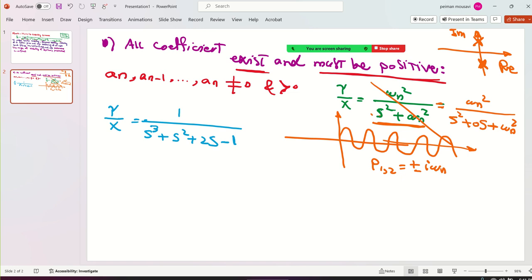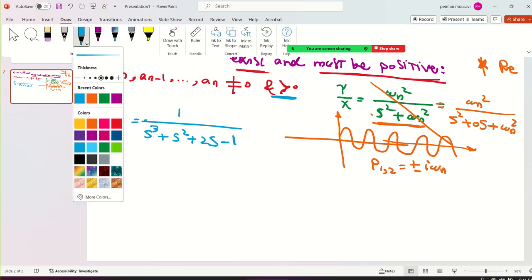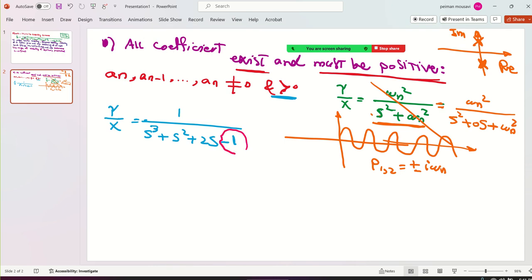Stable or unstable? Yes, because one of the coefficients is negative. All of them must be positive. So this is the red flag, saying, oops, you as a control engineer are in danger of instability.